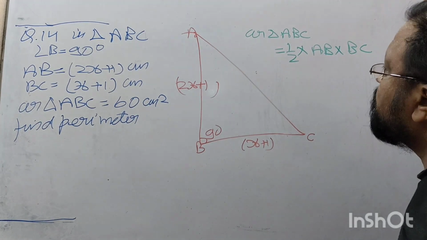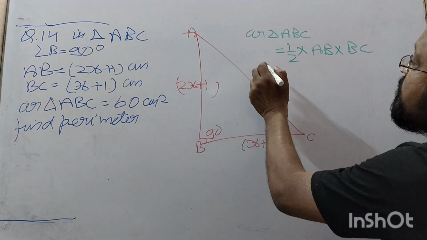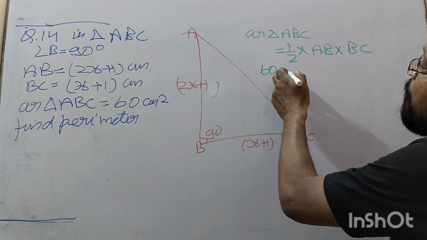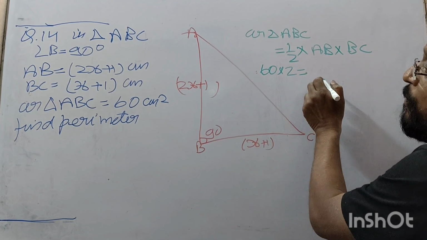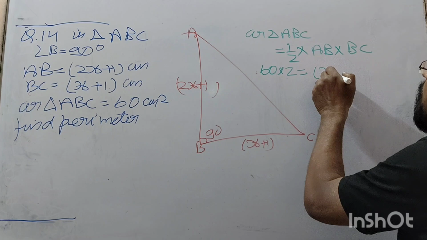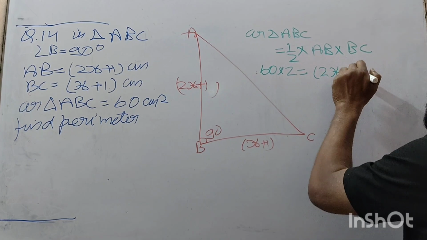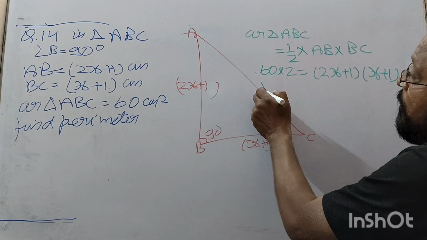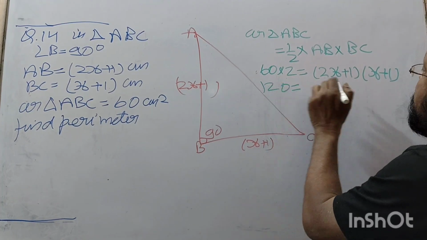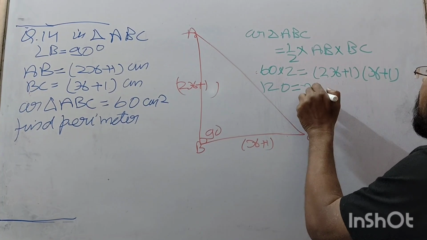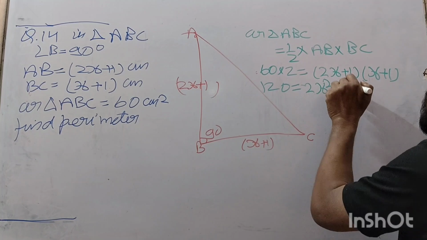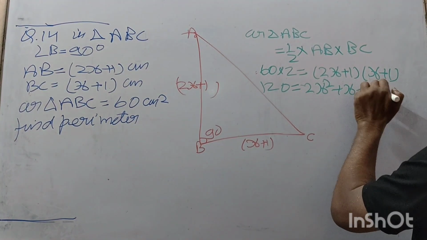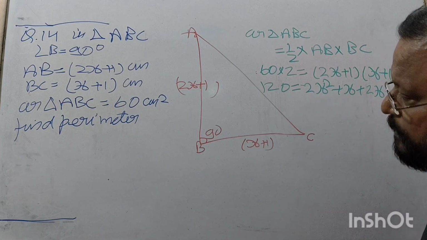So area is 60, into 2 is equal to (2x plus 1) into (x plus 1). So 120 is equal to 2x square plus x plus 2x plus 1.